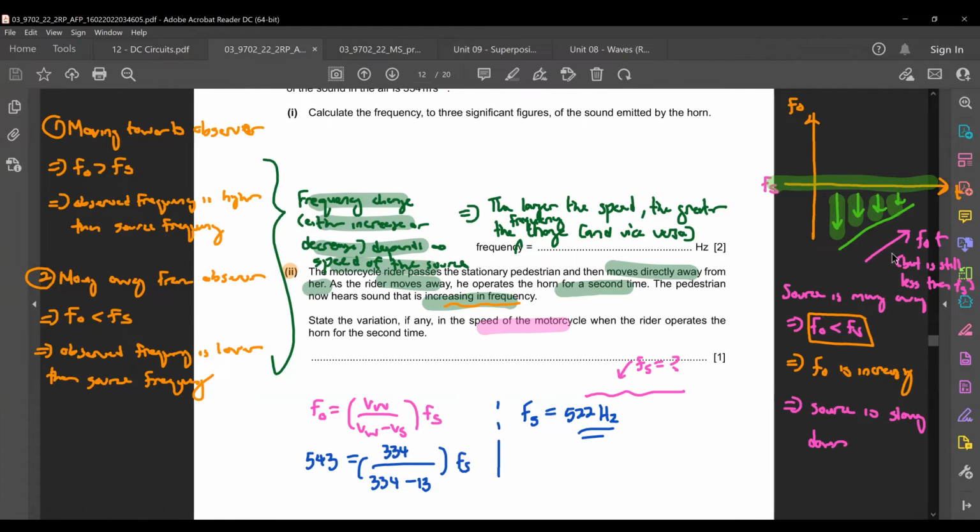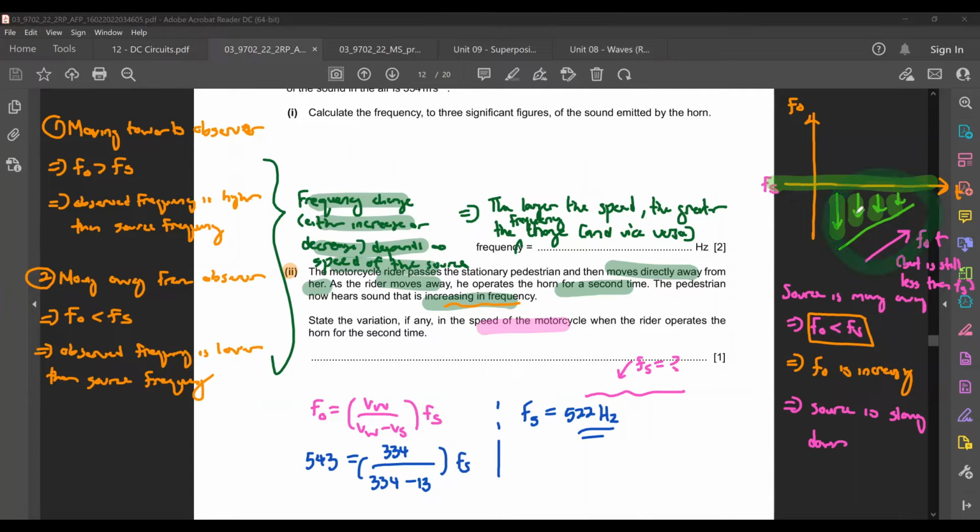So right now, you're basically seeing that your observed frequency is getting higher and higher. You're actually having a smaller frequency drop.